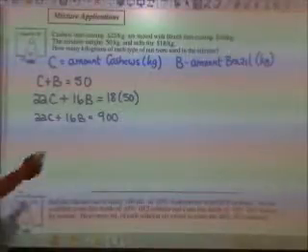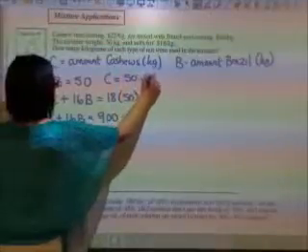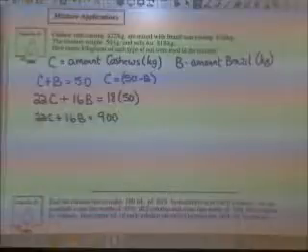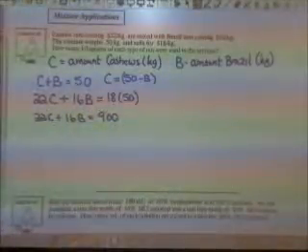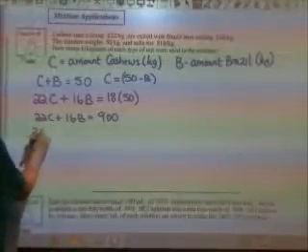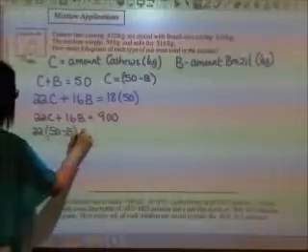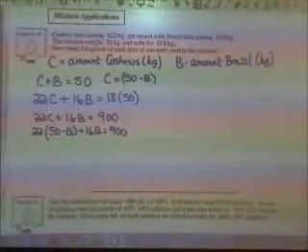If I did substitution, I could put the B to the other side, and I would get 50 minus B in that first equation, which I can now substitute in for C in the second equation. So 22, and instead of C now I have 50 minus B, plus 16B equals 900.